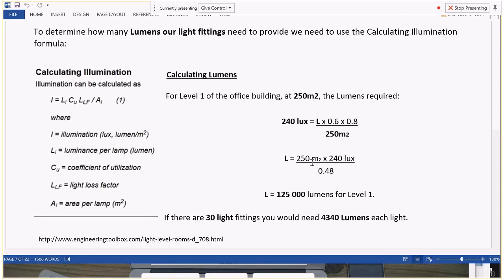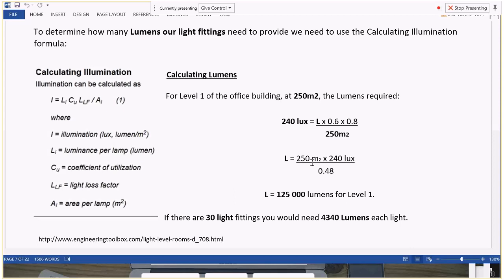Have we got that? Yeah. And then divide that by 4340 equals 28.80 light fittings. So we could actually put 29 light fittings in that room.